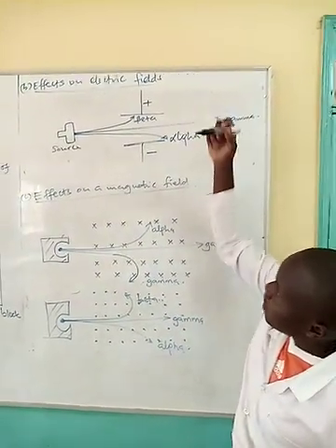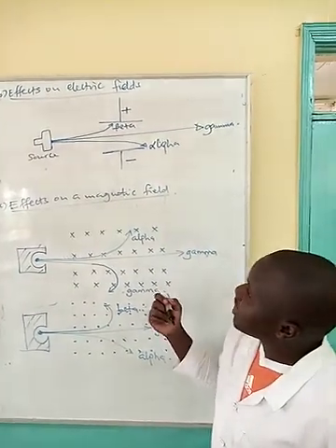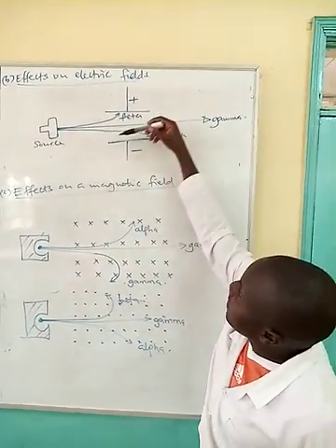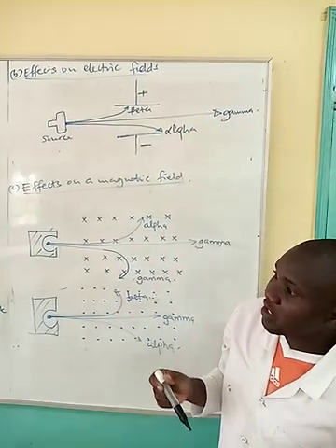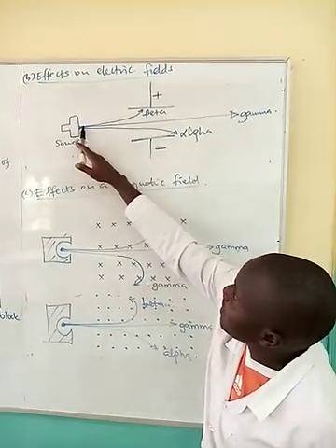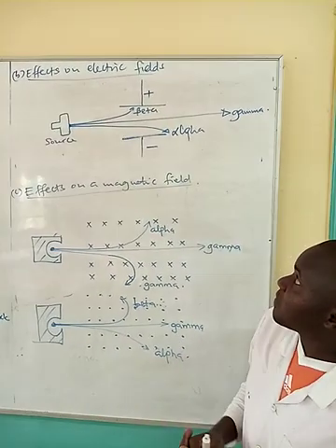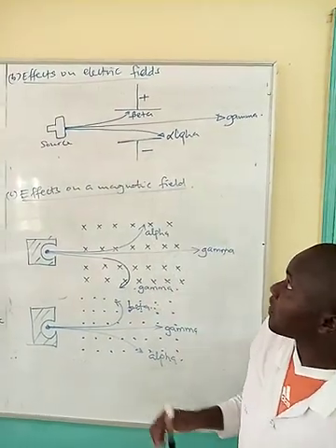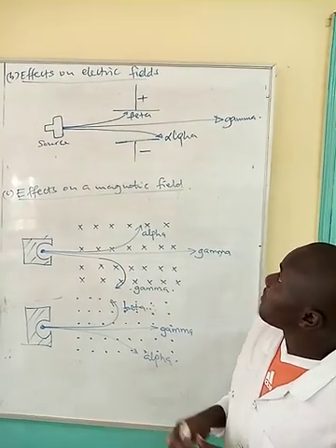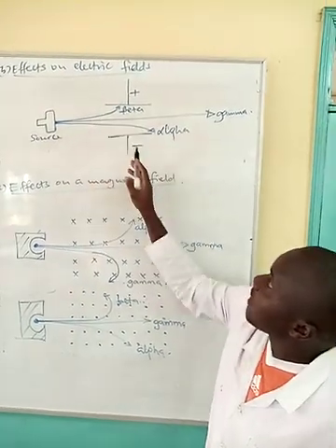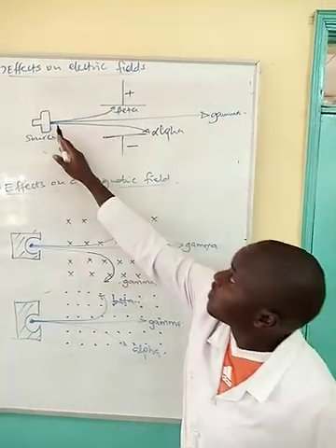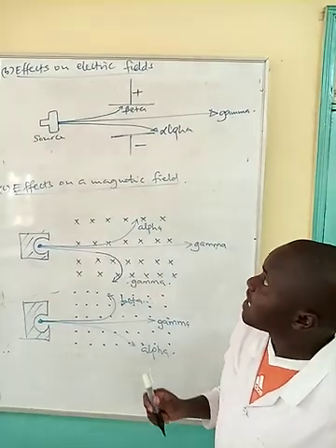What about beta particles? Beta particles are negatively charged. So when placed in an electric field, they will tend to be attracted towards the positive plate. And there you can see beta particles getting attracted towards that positive plate, or deviating towards that path. Then what about gamma radiation? Gamma radiation will not be affected by positive or negative plates. Instead it will travel in a straight line.